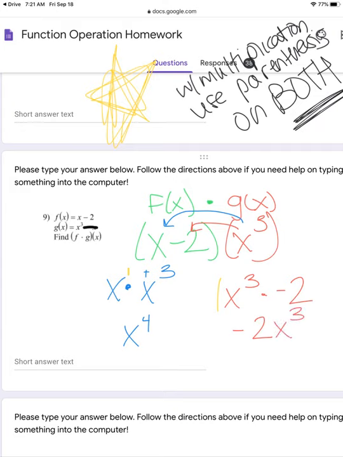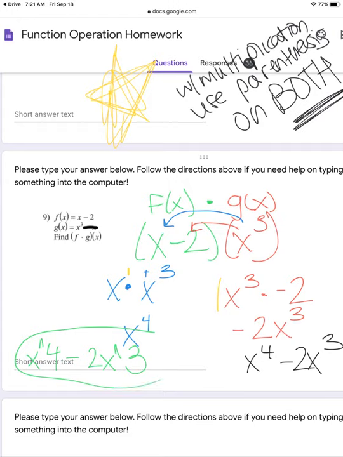That's all I do, just bring it right down, okay? So my answer should look like this. Now how I wanted you to type this in would look like this, over here, x to the 4th, use that caret, 2x caret 3. So this is how you should type it in.